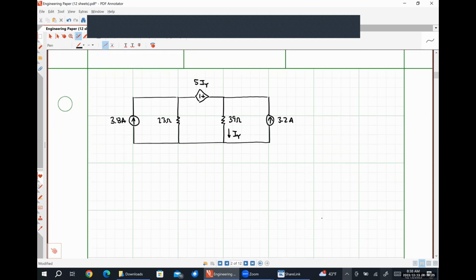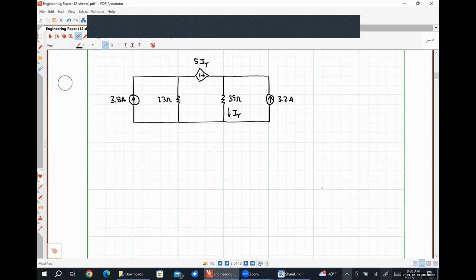Okay. All right. So we're going to approach this problem using nodal analysis. We are going to have to modify our procedure very slightly because we have a voltage source, okay? We'll see why we have to modify our procedure here in just a moment, but let's run through our steps and I'll add some in when we need them.